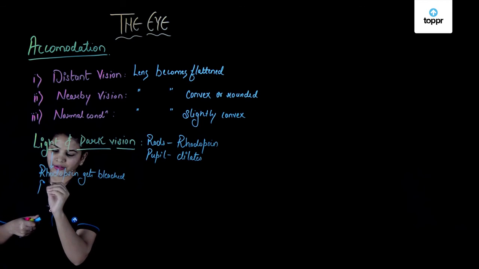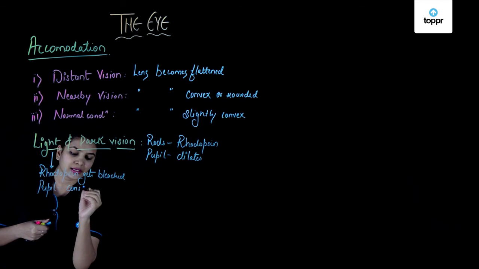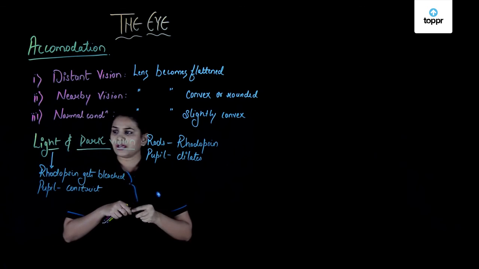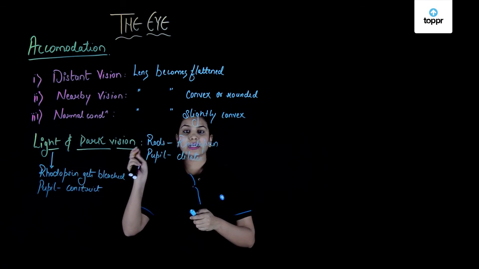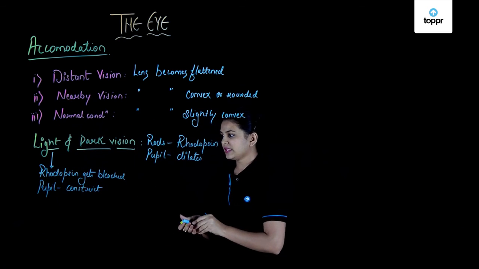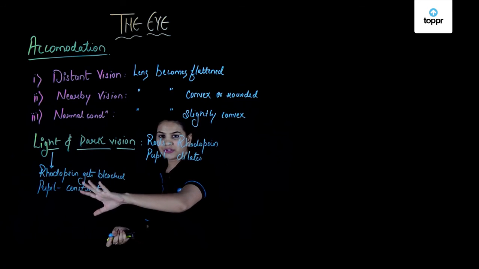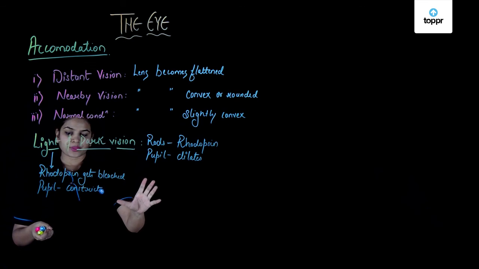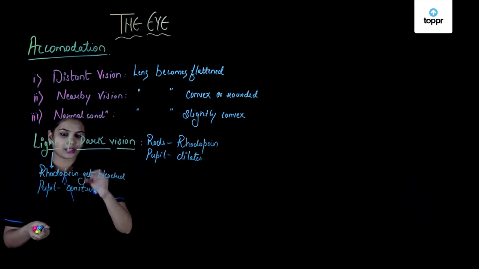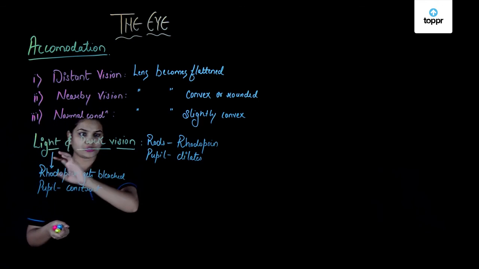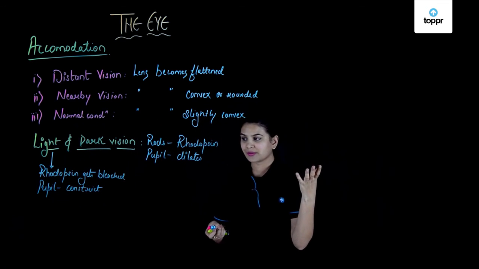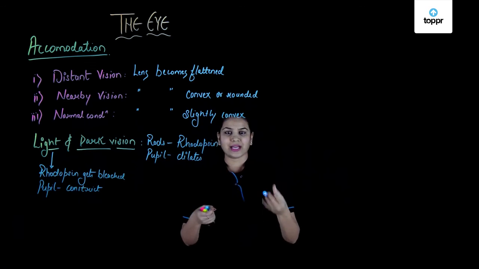So what will happen to the pupil? Well, the pupil will constrict. Simple, right? So we have seen light and dark adaptation: when you are in the light region, the rhodopsin gets bleached and the pupil constricts. But when you move from the lighter region to the dark one, the rhodopsin regenerates and the pupil dilates.